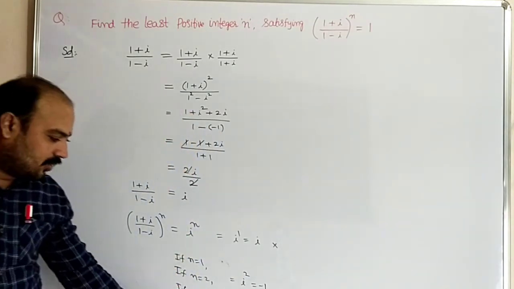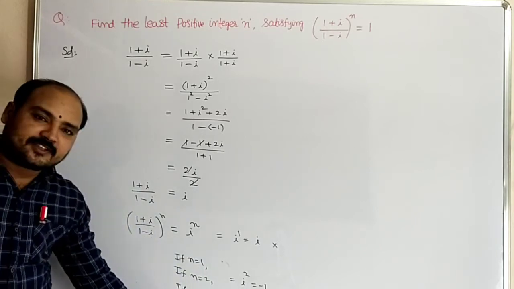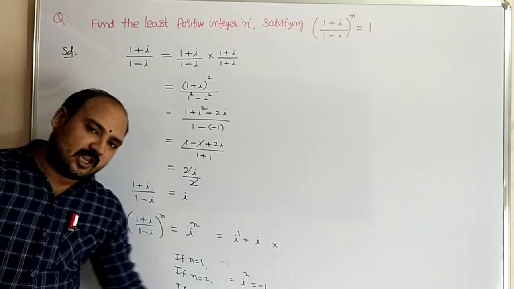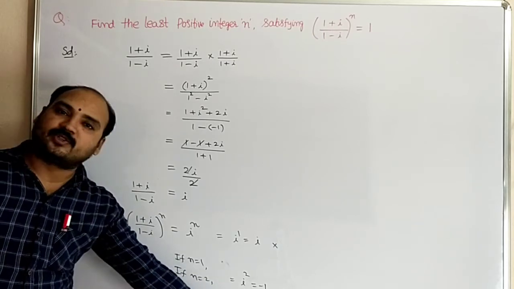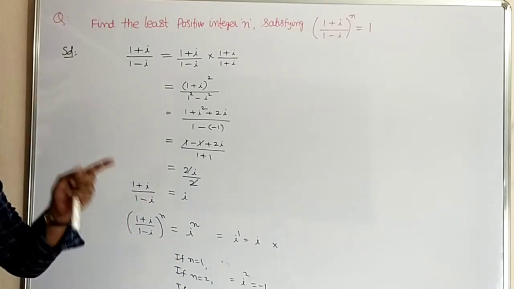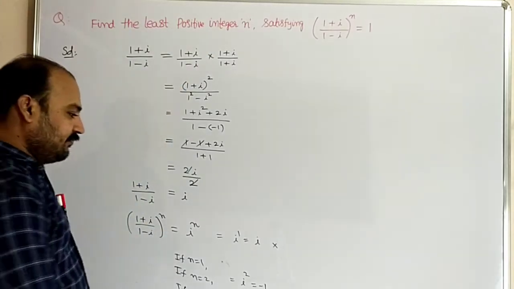Therefore, for what value of n it should be equal to 1? For n is equal to 4, it should be equal to 1. Even for n is equal to 8 also, that value is 1. But among 4, 8, 12 and all, which one is the least positive integer? n.